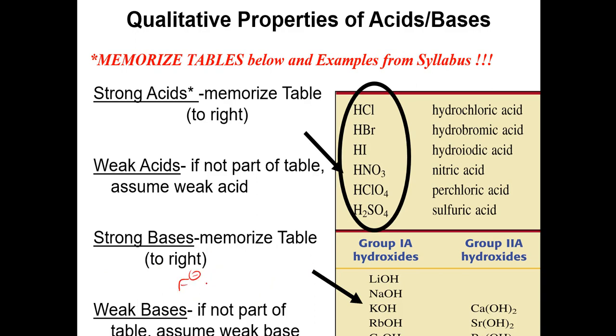This is what we call a Bronsted and Lowry base, because when we put it inside water, then the fluoride will pick off a hydrogen, forming hydrogen fluoride and the brand new hydroxide. So that's a Bronsted and Lowry base. We have many types of weak bases.